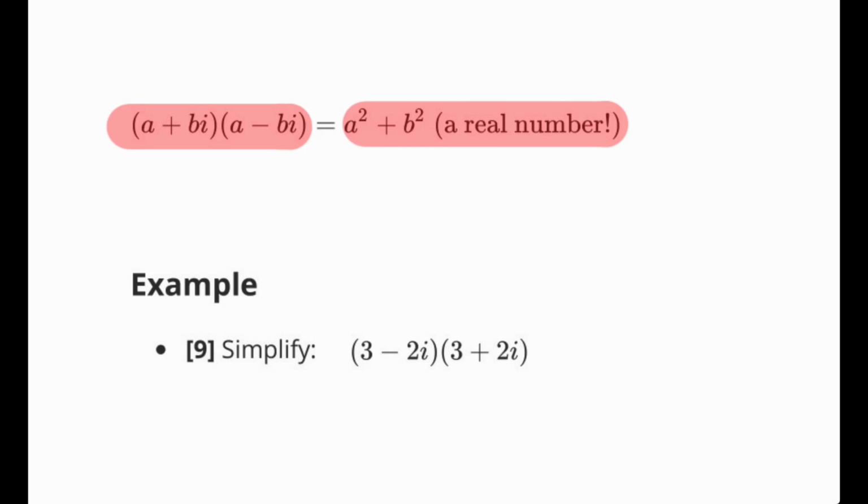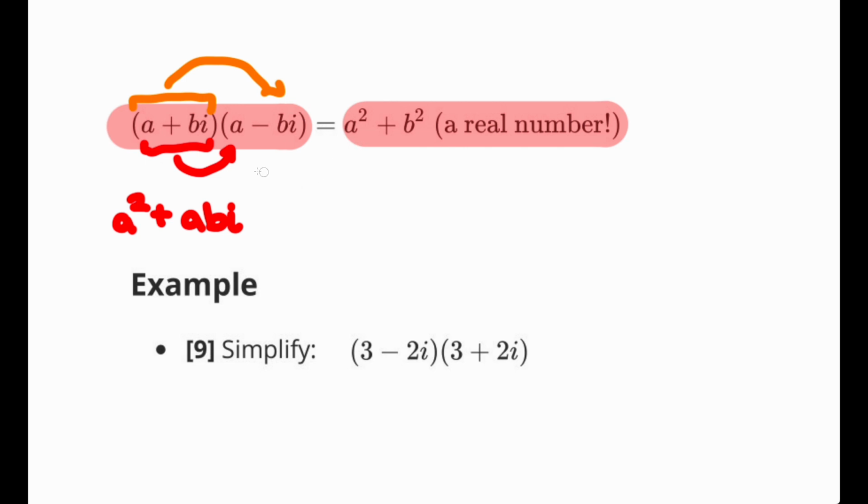And the reason for this, I can kind of show you by distributing. If I multiplied this by a here, you would get a squared plus abi. Then we're going to do the same thing again, only this time we're going to distribute this to the negative bi. So it's going to be negative abi minus b squared i squared.